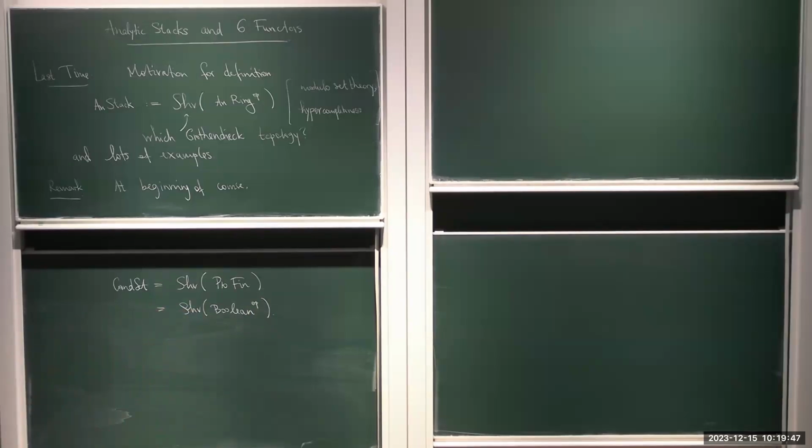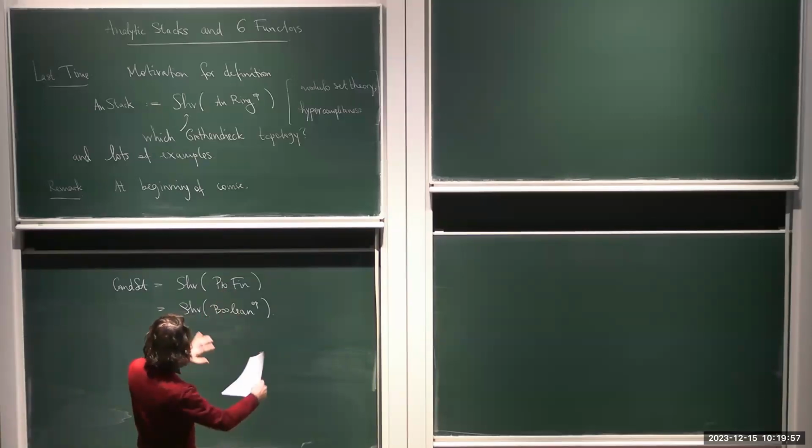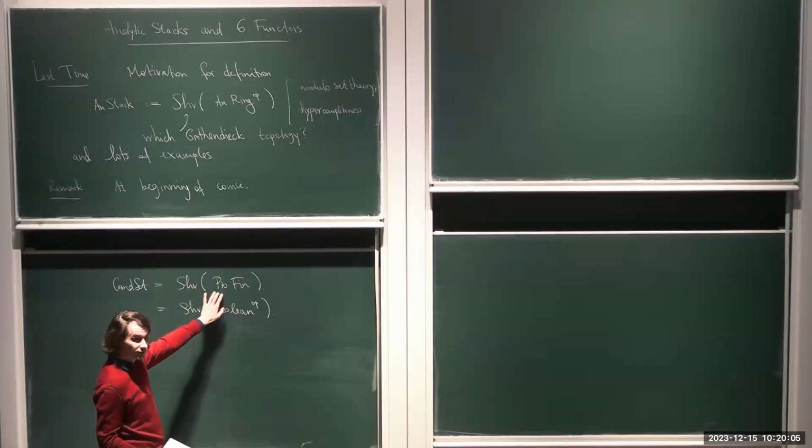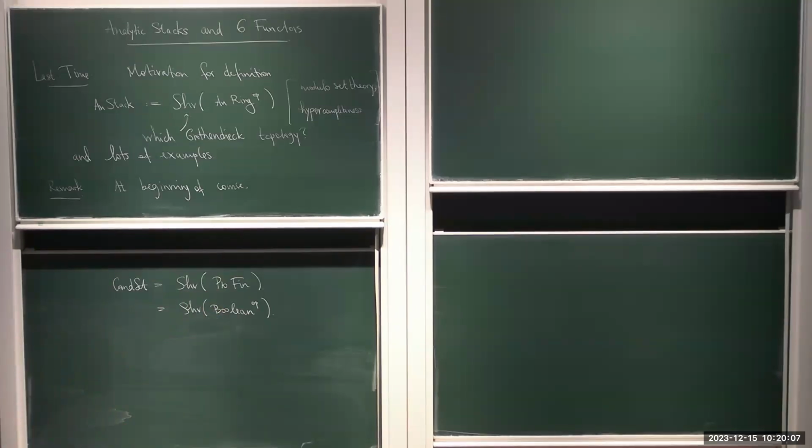There we were playing a similar game: we had some basic objects that we start with, profinite sets, and then we were building a larger category by allowing ourselves to glue them in a certain way. The gluing that we allowed was specified in the Grothendieck topology that we chose, and what we chose was a rather general Grothendieck topology, allowing in particular all surjective maps of profinite sets.